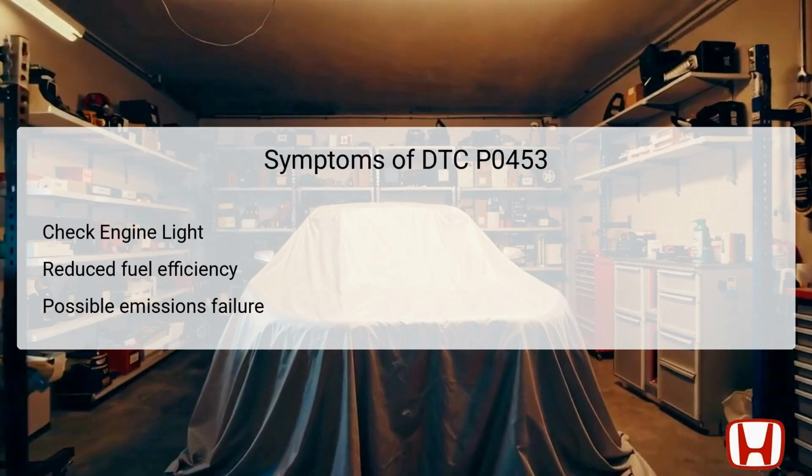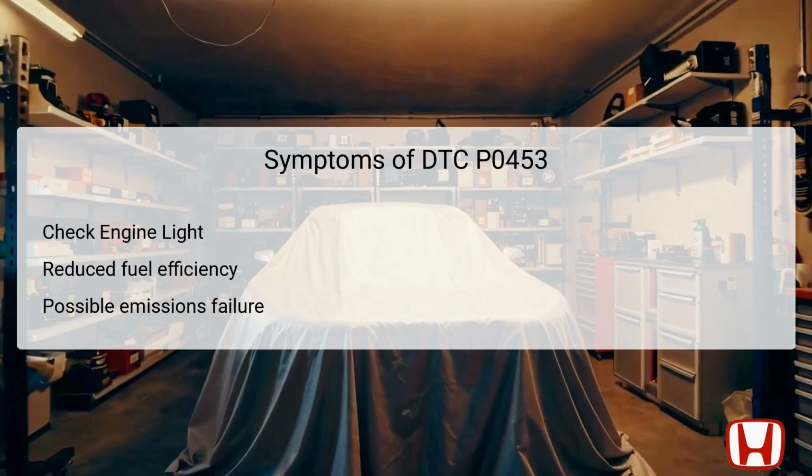The appearance of DTC P0453 can manifest in several noticeable symptoms for the driver. The most immediate sign is the illumination of the check engine light on the dashboard, indicating a need for diagnostic attention. Additionally, drivers may experience reduced fuel efficiency due to the disruption in the vehicle's emissions control system, which can cause excessive fuel vapor loss and improper fuel management.